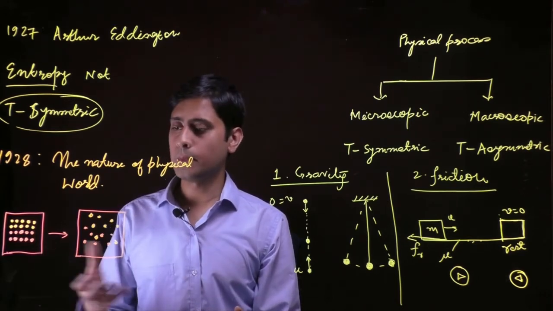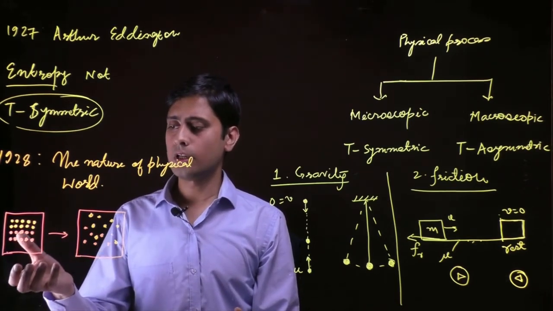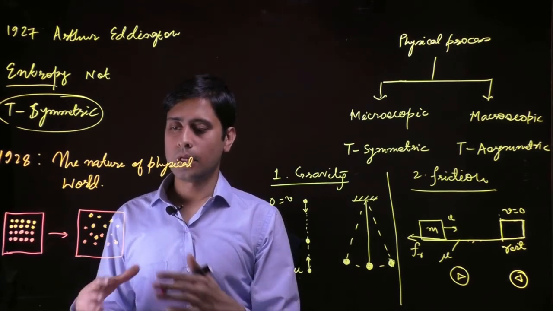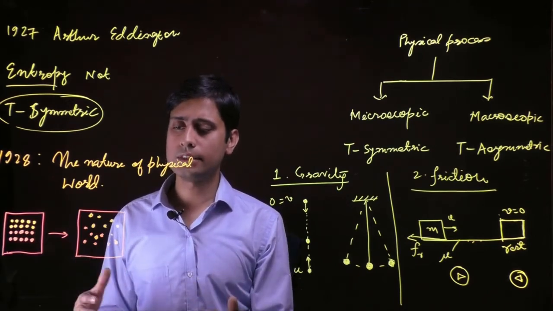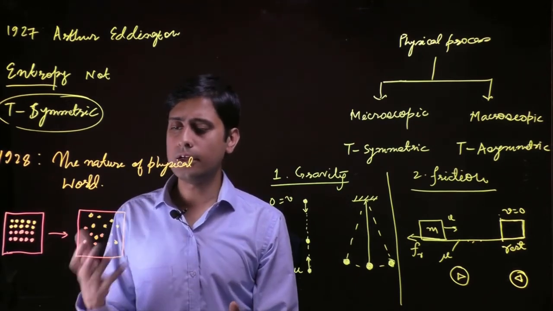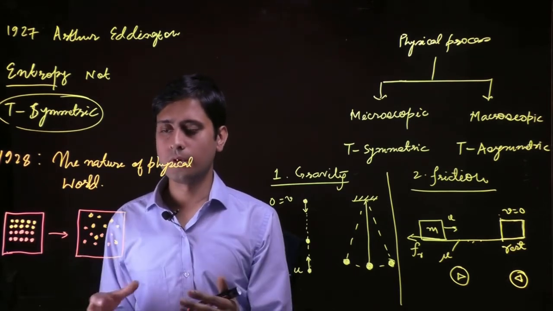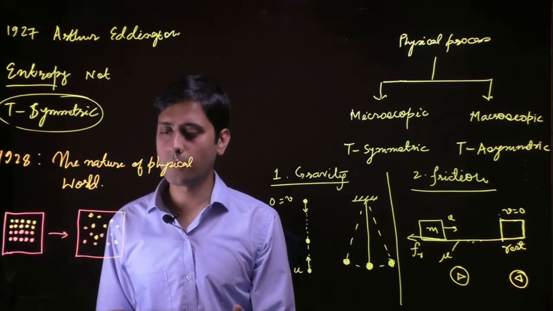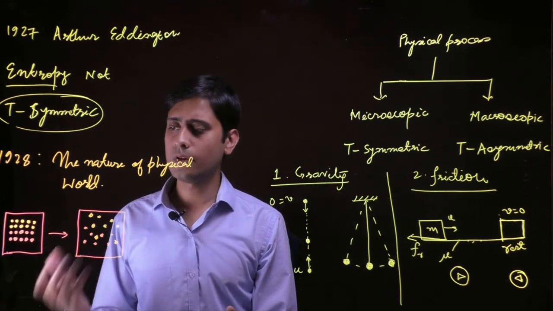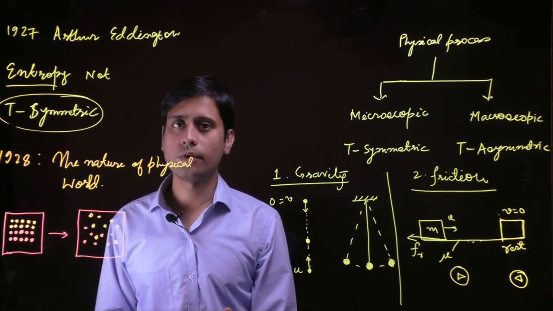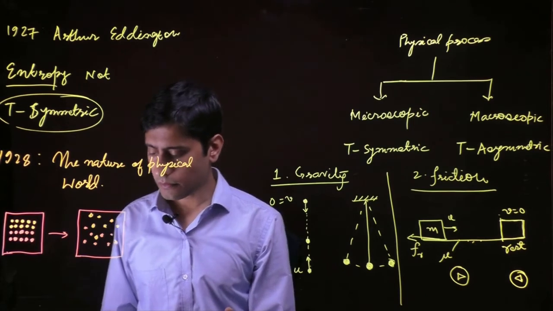As time passes, this order is lost and disorder comes into the picture, and after some time we can say that a kind of equilibrium has been reached between these random motions of the molecules. There will not be such an order after we wait for long enough.